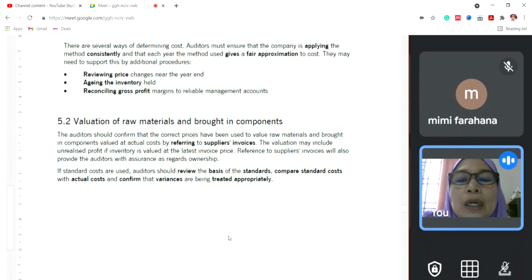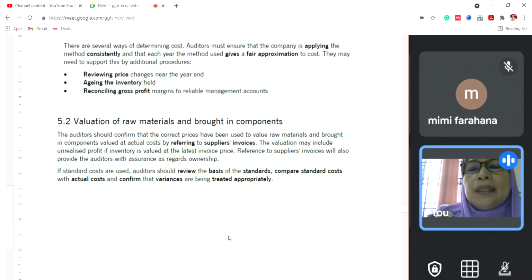So there are several ways of determining costs. The auditor must ensure that the company is applying the method consistently, and each year the method used gives a fair approximation to cost, and it may need to support this by additional procedures.